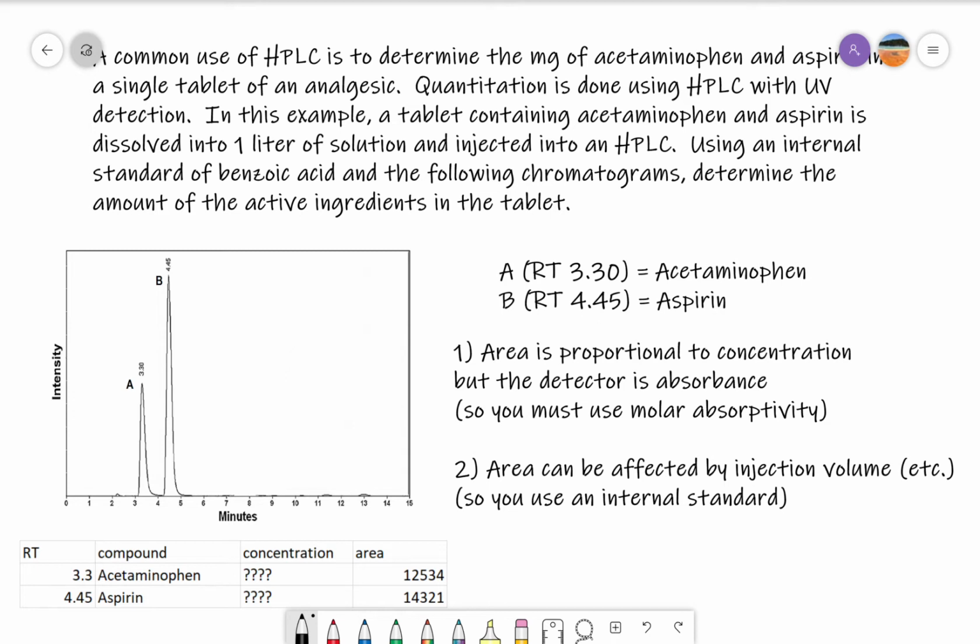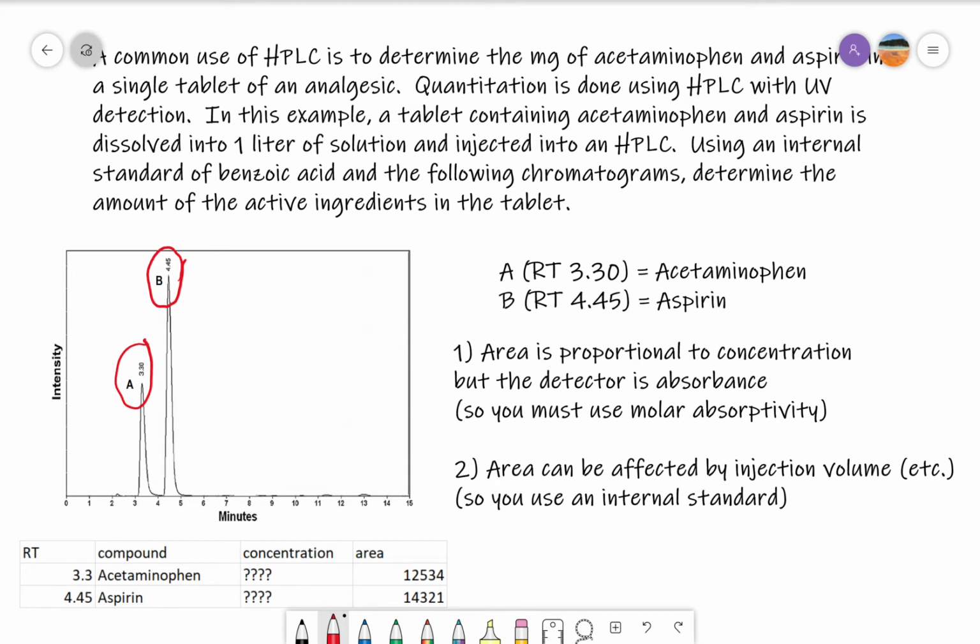The acetaminophen, being a little more polar, is going to have a shorter retention time. The aspirin, being just slightly more nonpolar, is going to have a somewhat longer retention time. If we inject those two components onto the HPLC column, we would expect to see the two peaks.